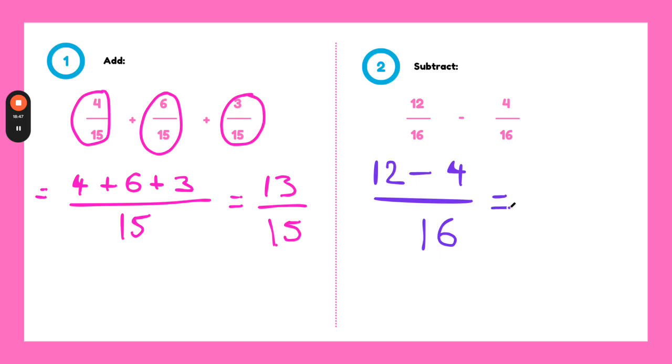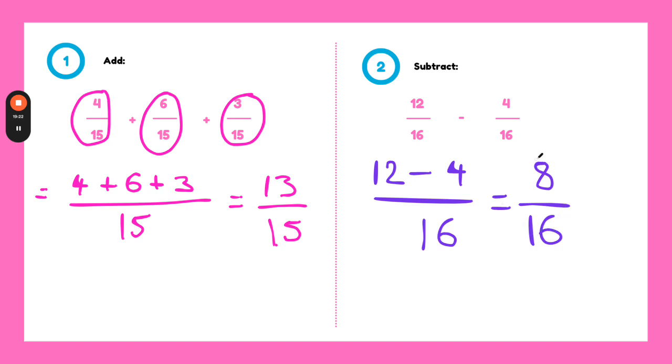Our answer would be a fraction over 16 because the denominators are the same. We keep the bottom number the same. We just take away the numerators. So we do 12 take away 4, which is 8, and that is all over 16. So our answer is 8 over 16.